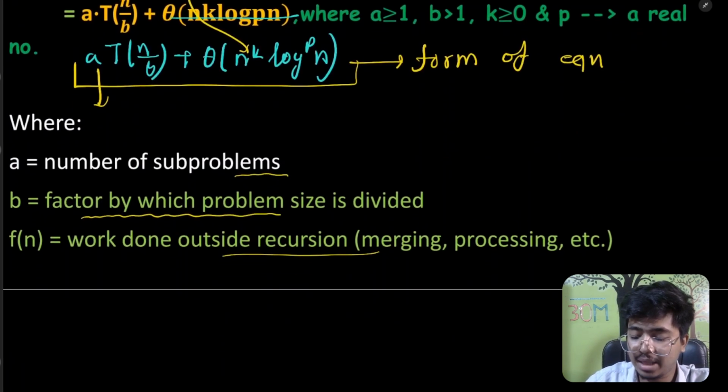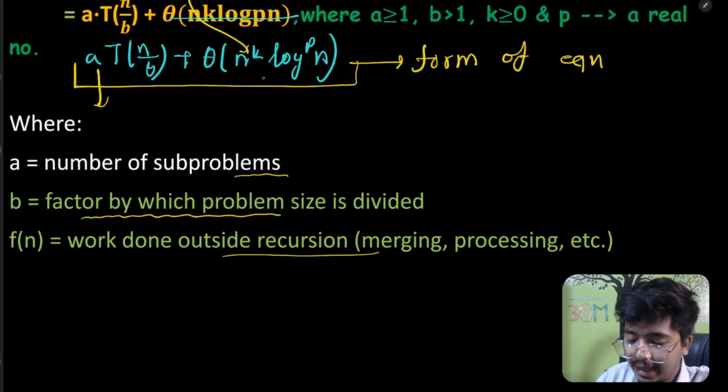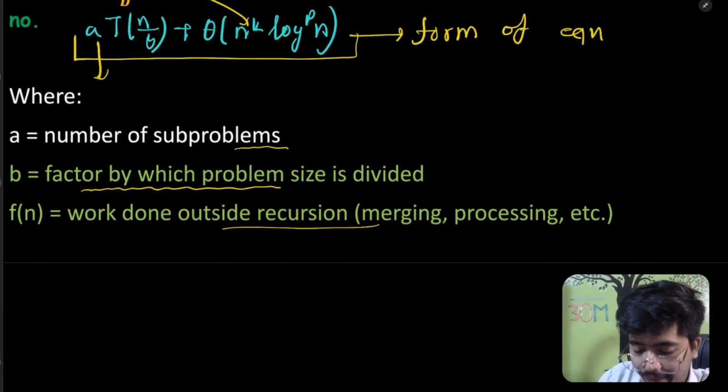Now we will be understanding this formula in a deep dive: T(n) = aT(n/b) + theta(n^k log^p n). This is the main form that we will be comparing for the master theorem.